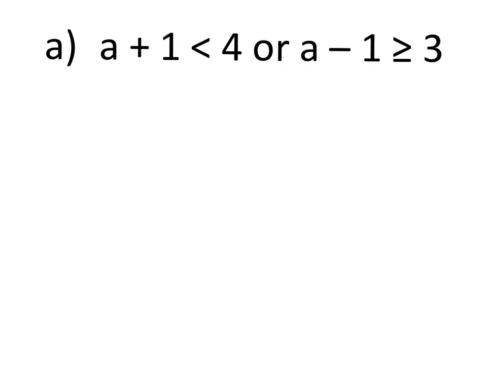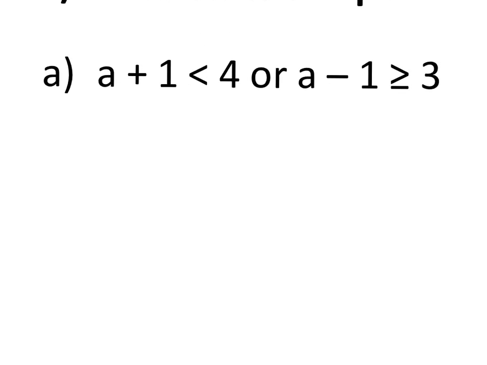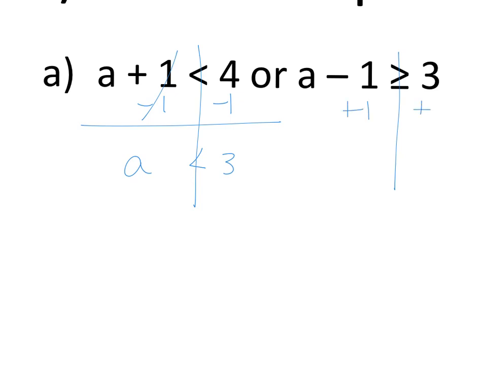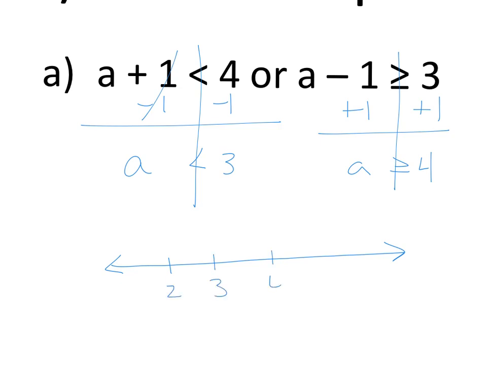Let's take a look here at our first problem. Just like on the ands, we're going to go ahead and start solving. If you need to draw a wall, draw your wall. Then we're going to subtract 1, so a will be less than 3. On this one, we're going to add 1 over, so a will be greater than or equal to 4. Let's start our grid: 2, 3, 4, 5.